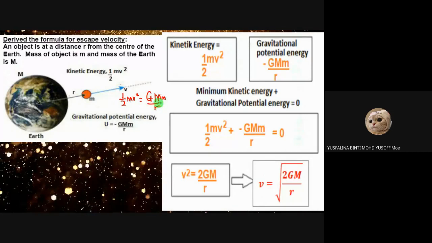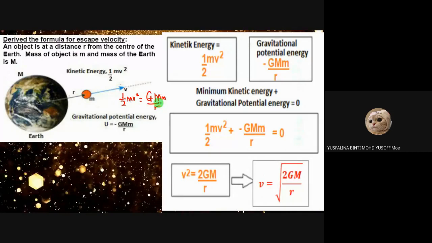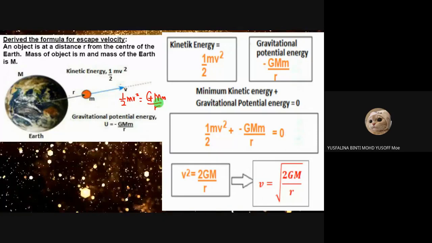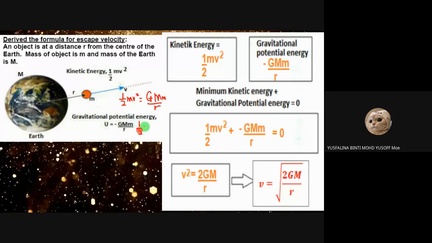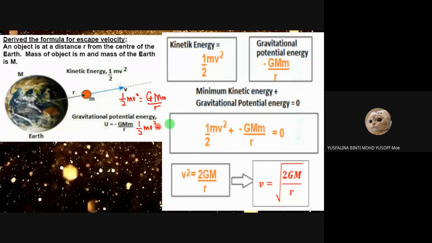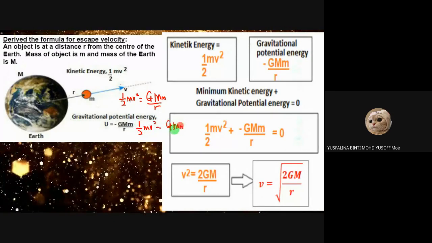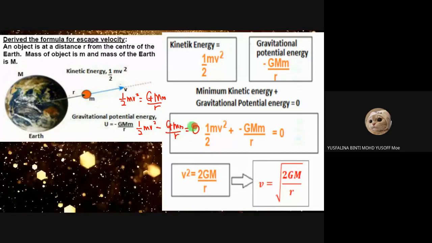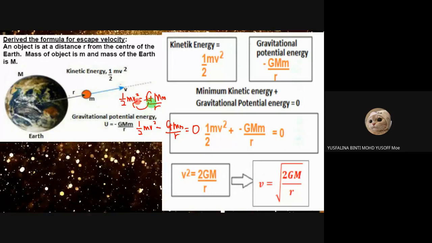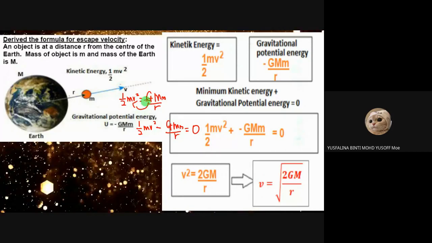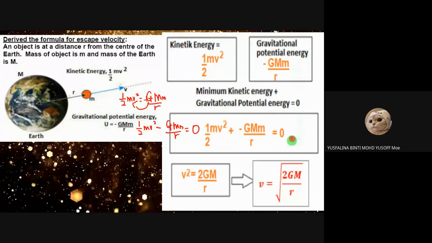If I change places here, it will become 0 like this. I move to here, this is plus, and move here, it will become minus, so this one should be 0. So this is how we get this equation.